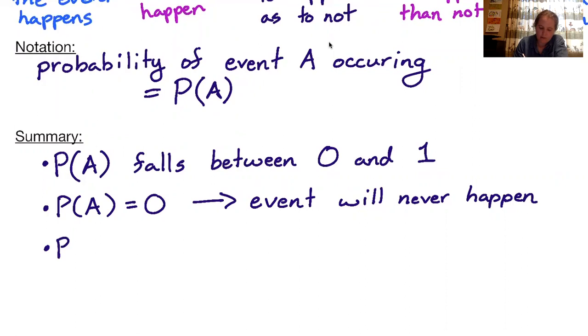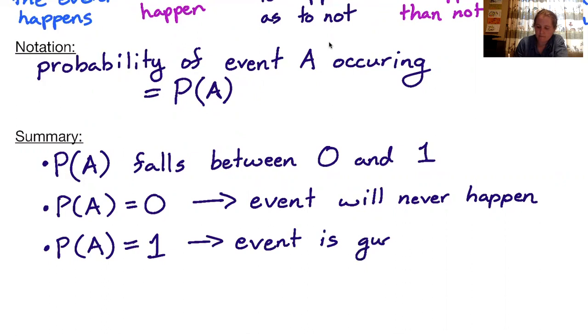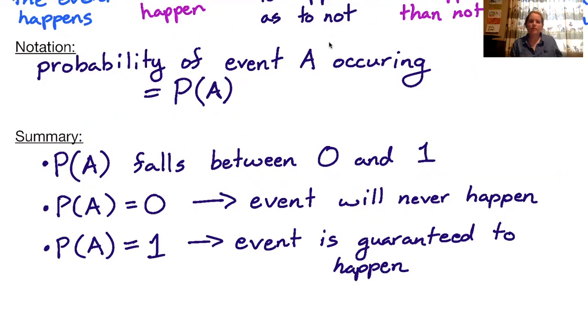A probability of A being equal to 1 means that the event is guaranteed to happen. That's just a very quick summary using the probability notation.